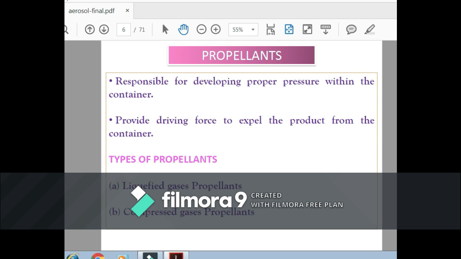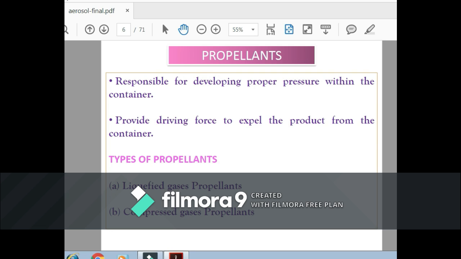Types of propellants. The propellants have two types, that is liquefied gaseous propellant and compressed gaseous propellant. Basically these are all liquids. When we are filling the propellant inside, it will be in the form of liquid, but half the part of your container will be liquid and half will be in the form of gas. So that gas will cause the pressure inside your container.